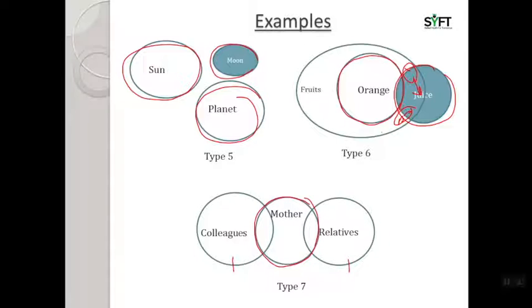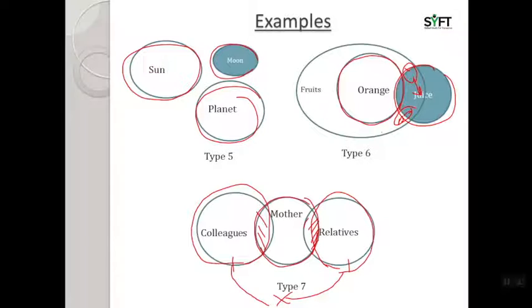There is a person who has some colleagues in his office, and some relatives. So he has a commonality between relatives and colleagues, but colleagues and relatives are in no way interconnected to each other. So several other kinds of relationships can exist.